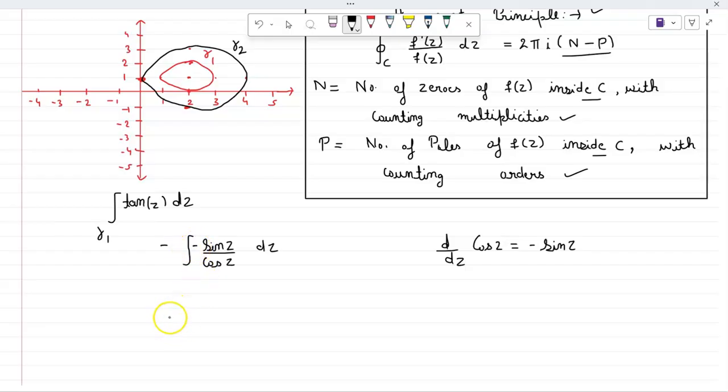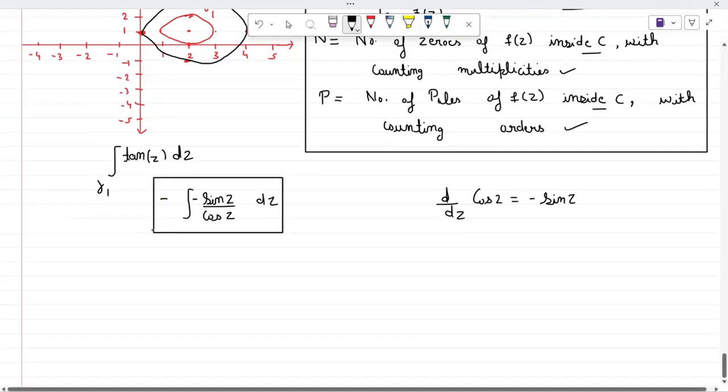Now we can apply the argument principle to this.